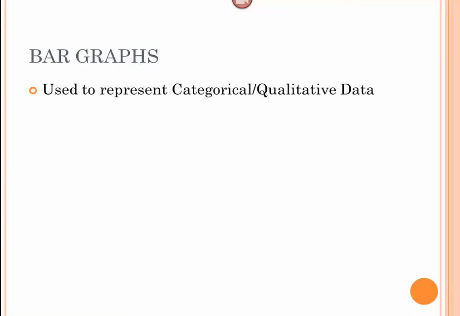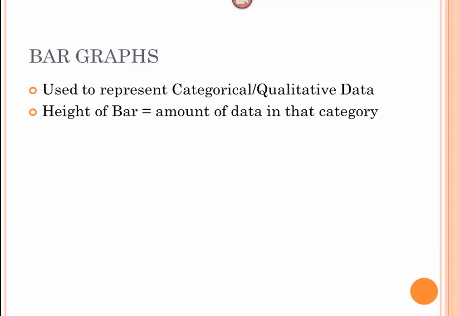All right. A bar graph is also used to represent categorical or qualitative data. In a bar graph, the height of the bar is what we use to show the amount of data that's in that category. The horizontal axis, which is the x-axis, if you remember back to your x and y charts, contains our categories.